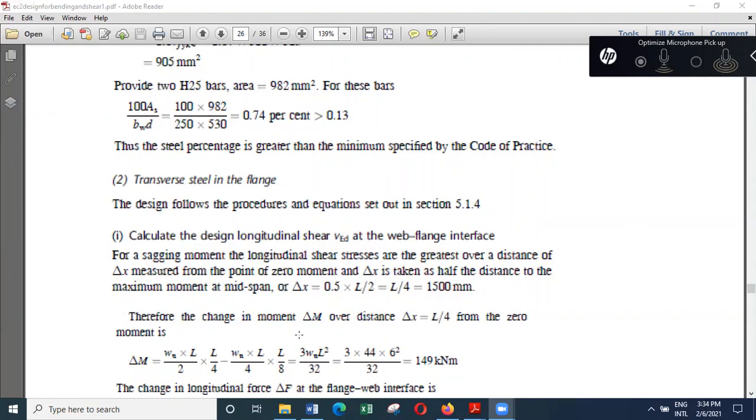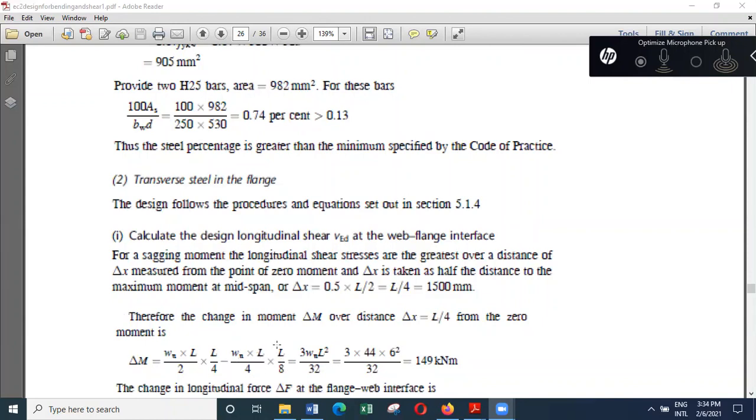Sorry, the bending moment at any location is given by WL by 2 times X minus WX times X by 2.